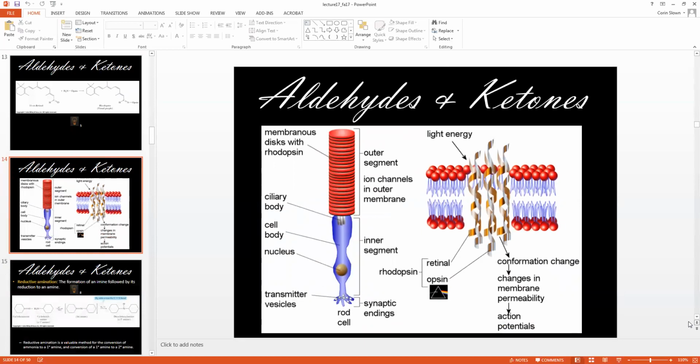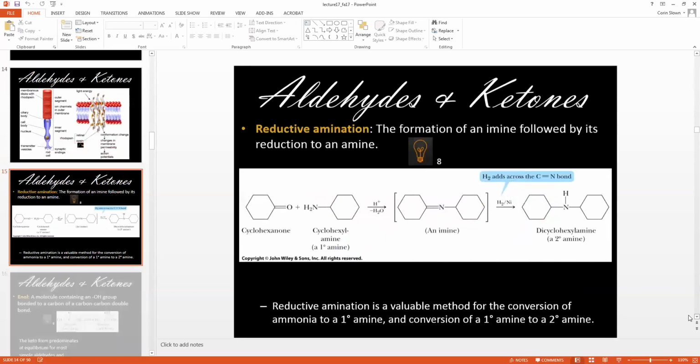What ends up happening is that when light energy hits these molecules, they undergo a conformational change. That changes membrane permeability, and that generates an action potential. And that's largely due to the reaction of retinol with opsin to form rhodopsin. And that's what allows us to see.